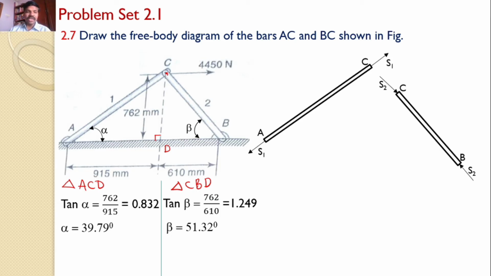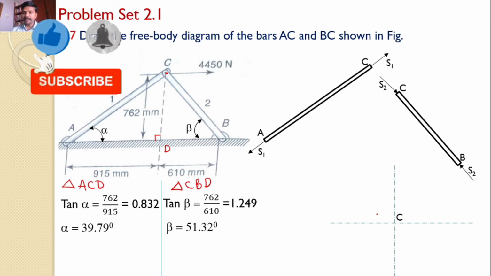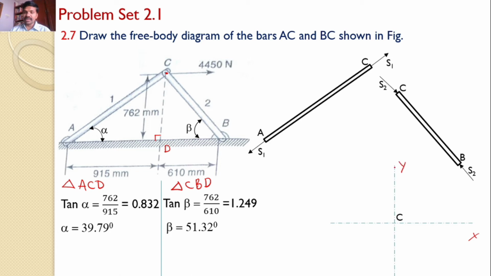Let us draw the various forces acting at C. So this is my C and I am drawing my X and Y axis. Now tell me what are the various forces. Of course, the first force is 4450 acting towards the right side. The next one is the force in the AC. As far as AC is concerned, the force is tensile and it is away from C, magnitude is S1.